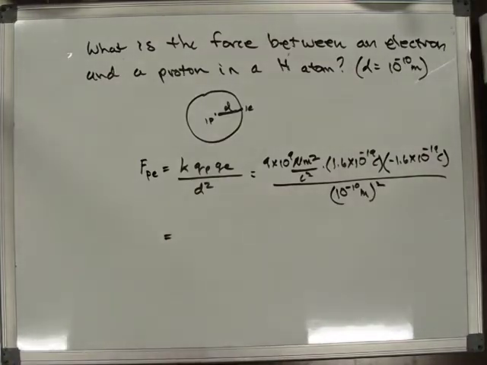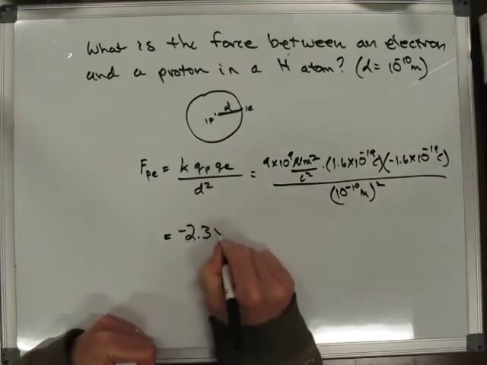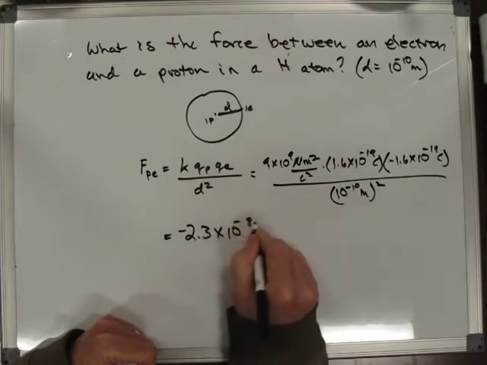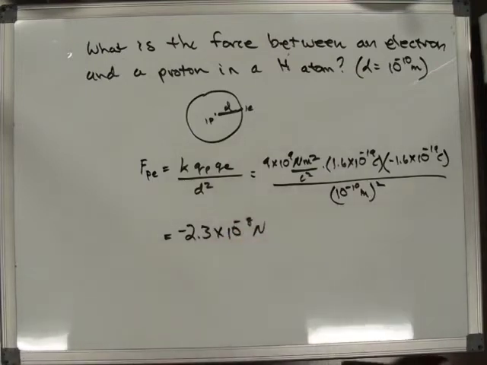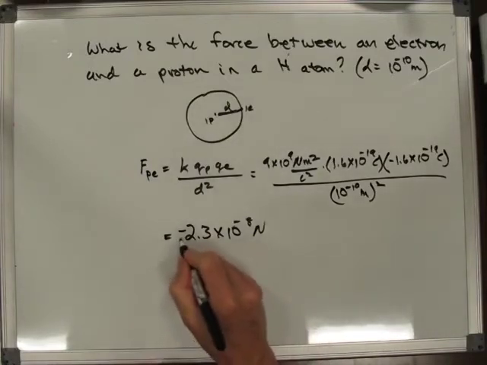And so when we evaluate that, we get, and I'll have to look that up real quick, negative 2.3 times 10 to the minus 8 newtons. That's 2.3 hundred millionths of a newton, and the force is attractive.